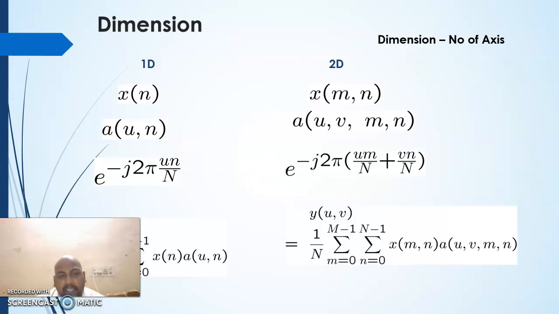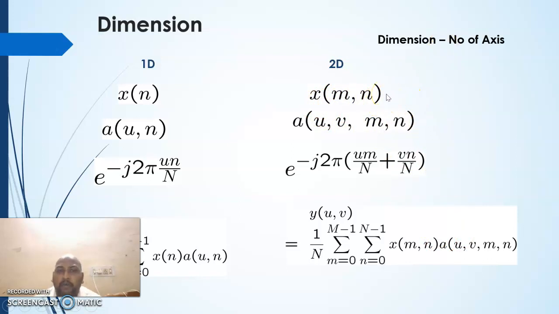Here u is the variable and n is the variable. So n is the input variable and y is the output variable. When we are considering two-dimensional, the same thing can be defined successively. That is x of m comma n, the input.